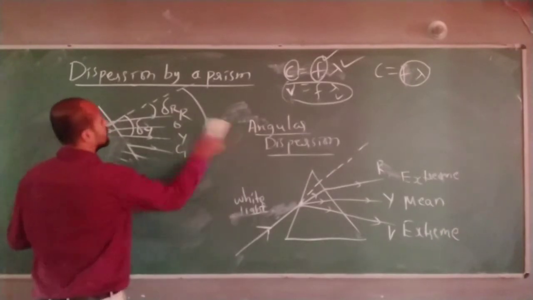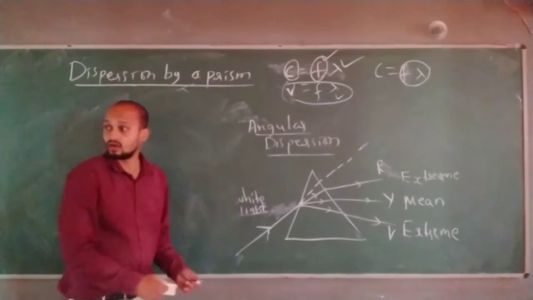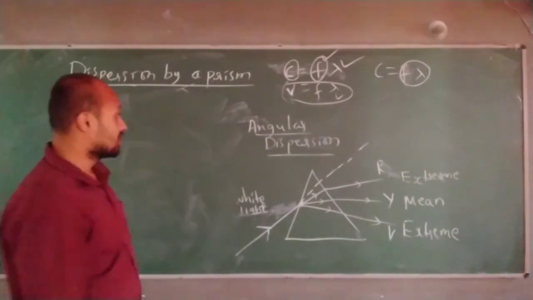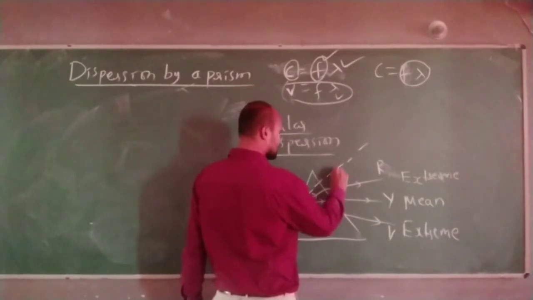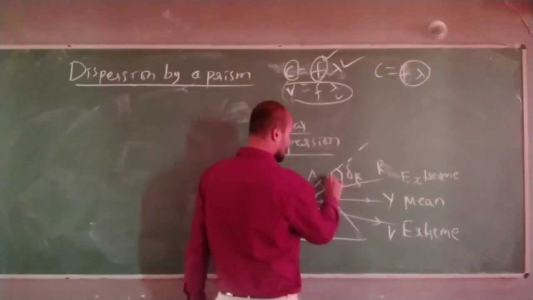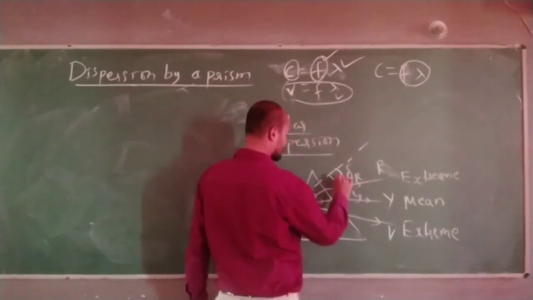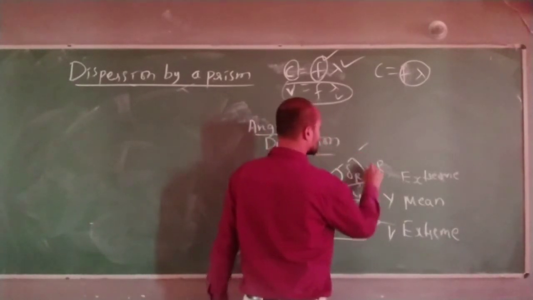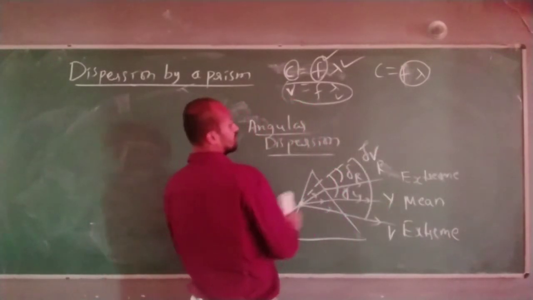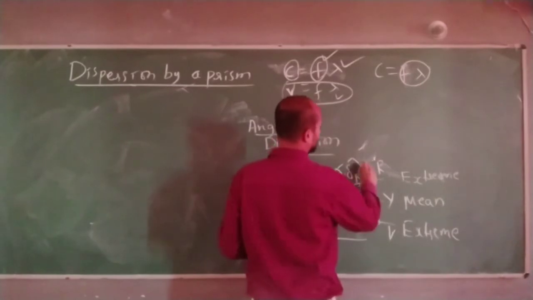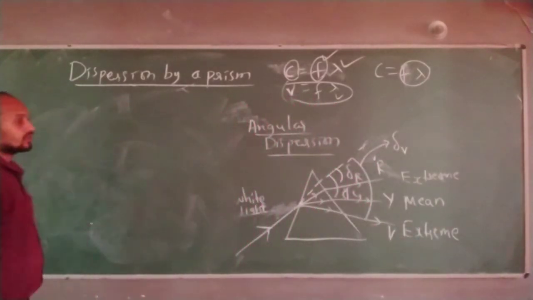Using this thin prism formula, let's see what I am going to do. Let us take this as δR and this as δY, and this angle is δV. Got it now?